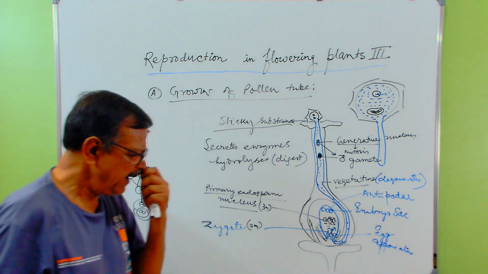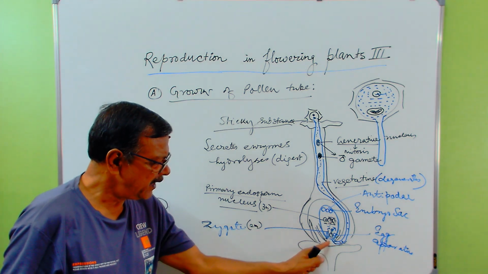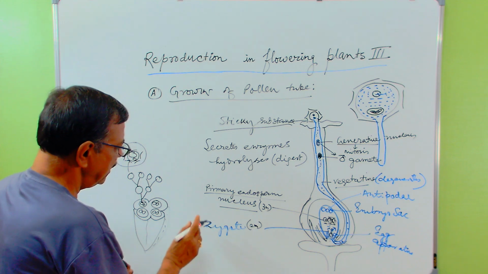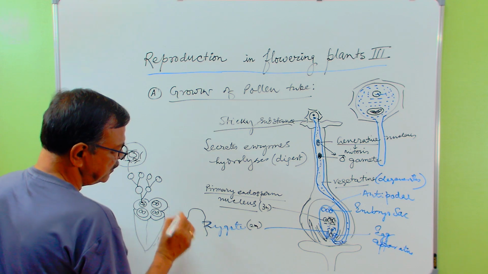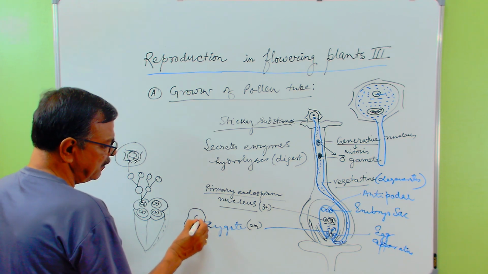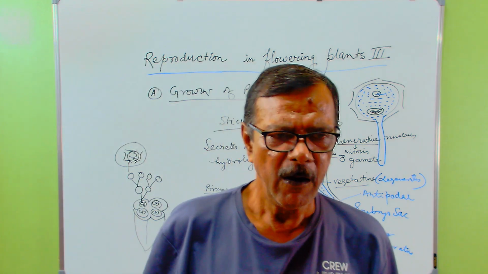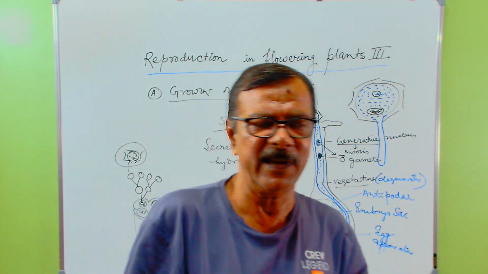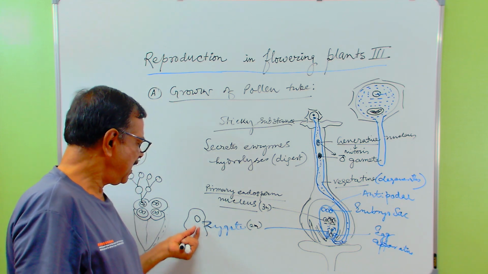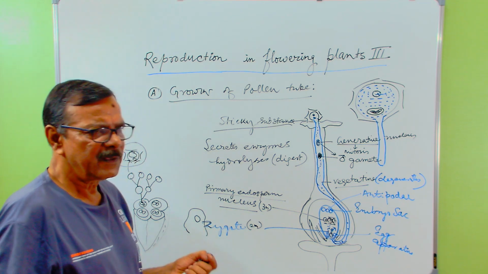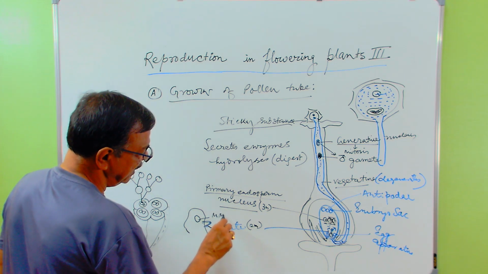Now you will see in short that in the ovary or in the placenta there occurs a growth called the nucellus, and one of the cells of the nucellus functions as a megaspore mother cell, directly, or indirectly through an archesporial cell. Simply write megaspore mother cell.